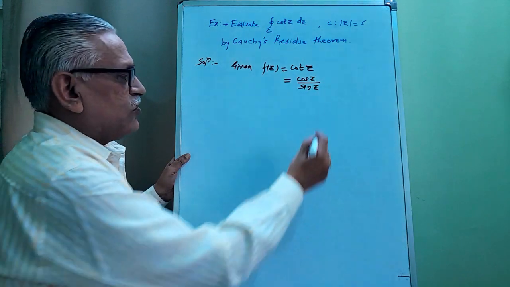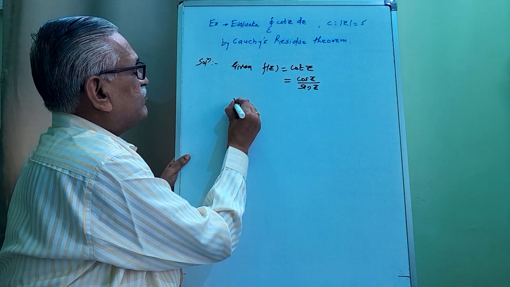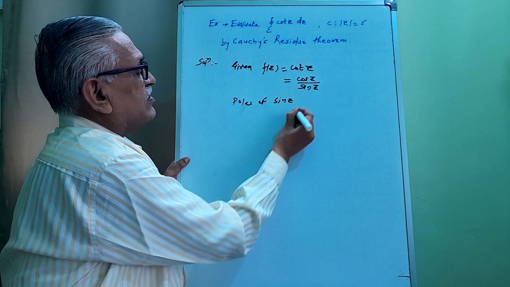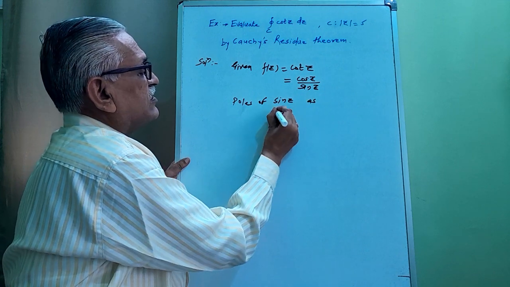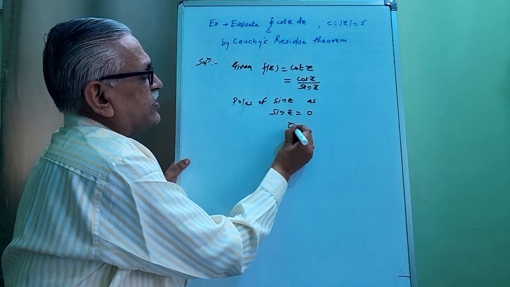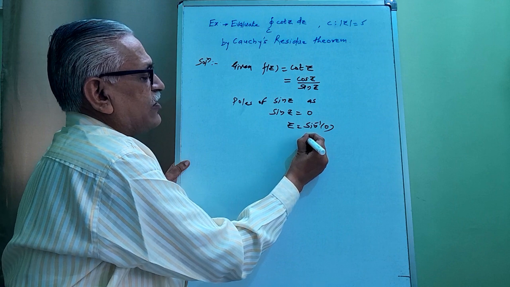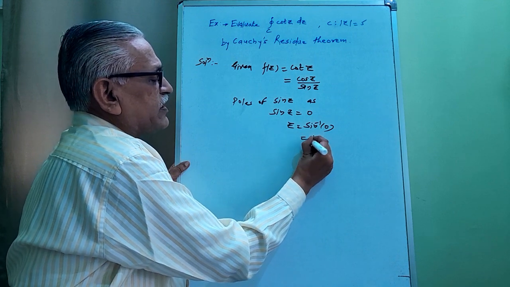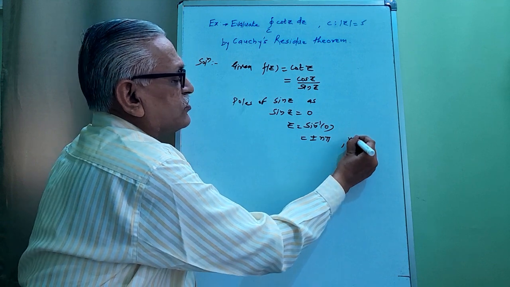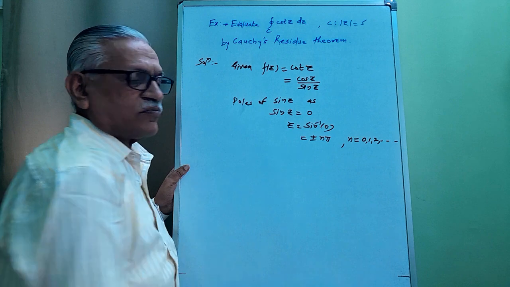Then to determine the poles, we equate the denominator term sin z to 0. So sin z is equal to 0. Therefore, z is equal to sin inverse of 0. The values of sin inverse 0 are plus minus n pi, with n equal to 0, 1, 2 and so on.